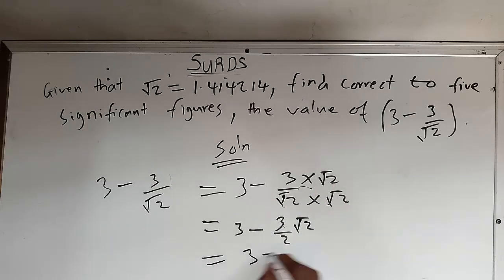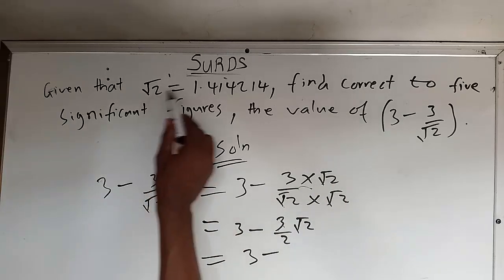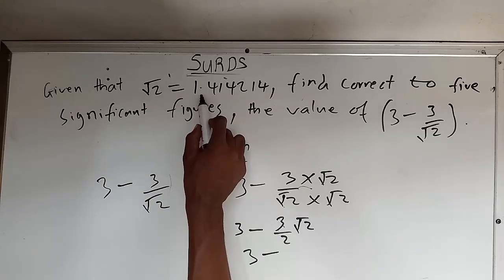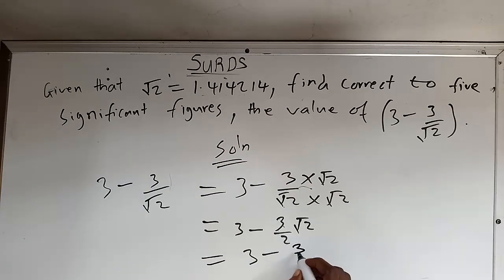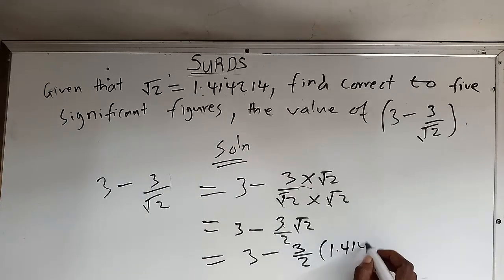So now we substitute root 2, which is 1.414214. So we have 3 over 1.414214.